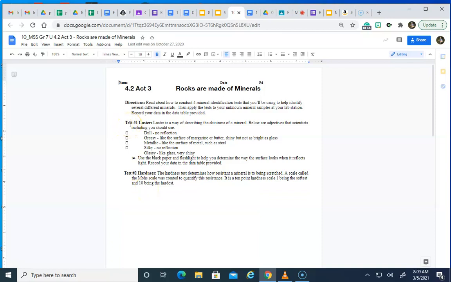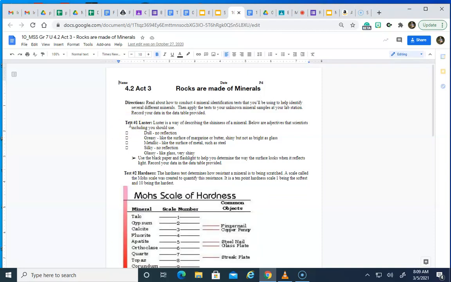The first one is luster. Luster is a way of describing the shininess of a mineral. And there are some adjectives that scientists use to describe specific rocks and minerals, including dull, greasy, metallic, silky, glassy.